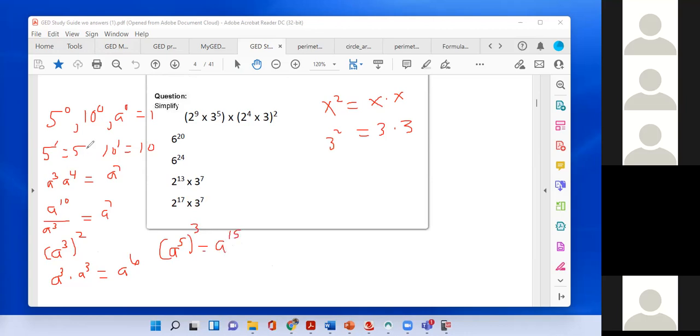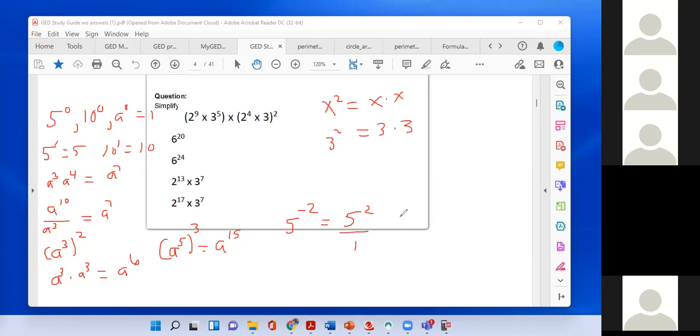So that's the first, second, third, fourth, fifth rule. And the sixth rule that you must know is if you have a negative exponent. So for example, if I have 5 to the minus second power, that is the same as 5 to the minus second power over 1. You can change any number to a fraction by putting it over 1.